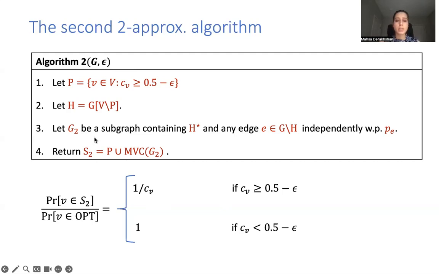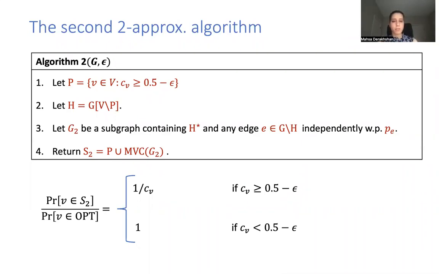So the only chance of the vertex being outputted by this algorithm is if it is in the minimum vertex cover of G2, which happens with probability CV, right? So for such vertices, both the probability of V being outputted and of V being in OPT are the same, right? So for that vertex, this term is going to be 1.